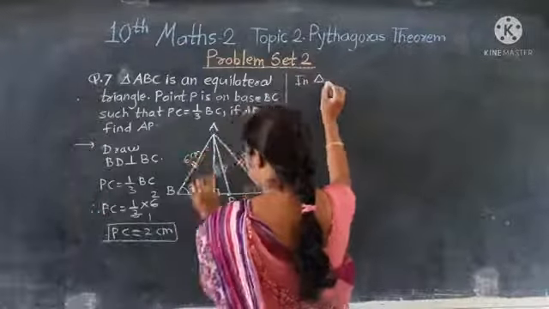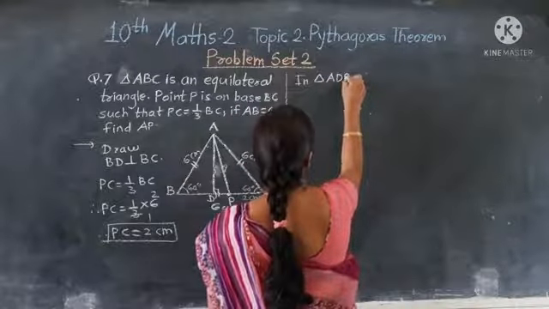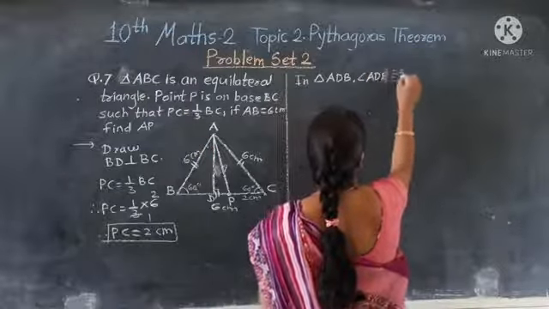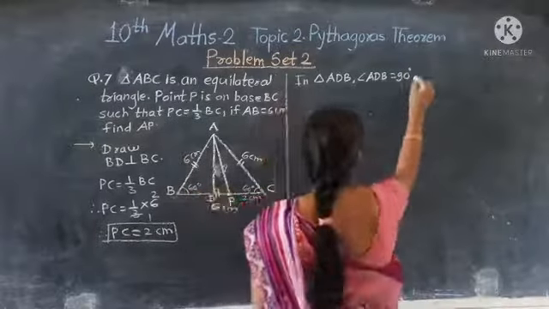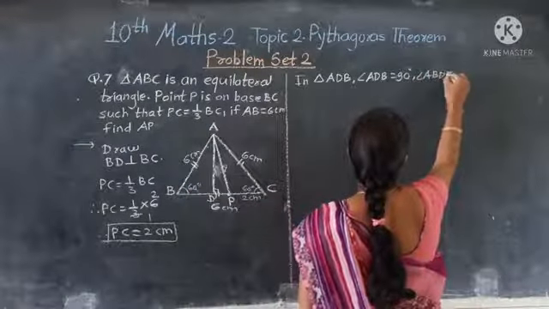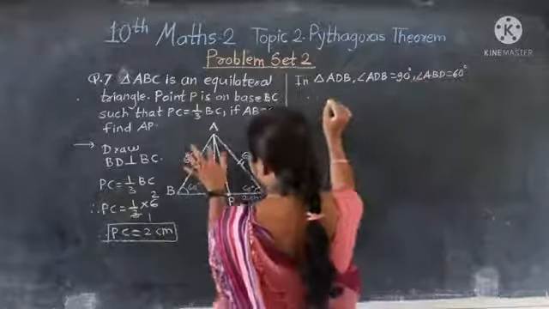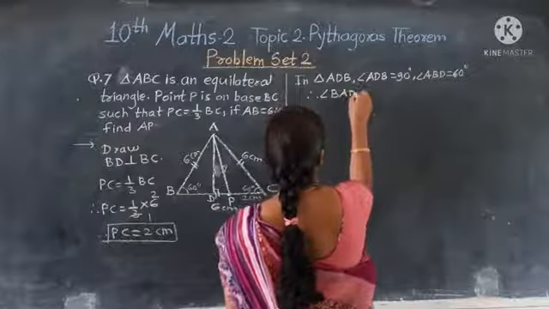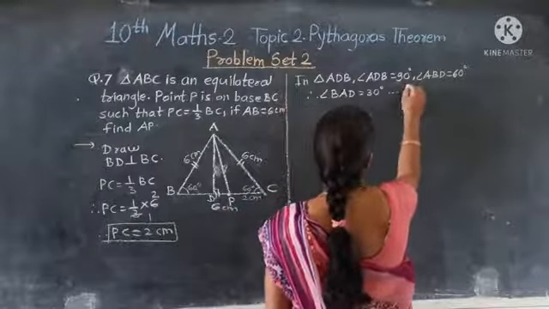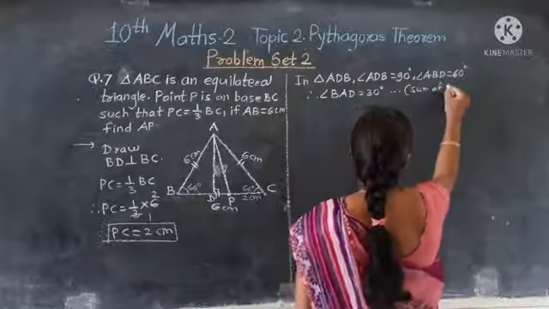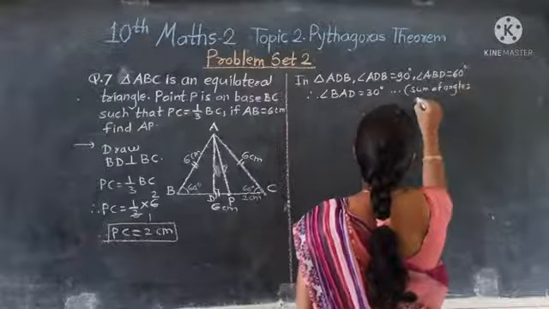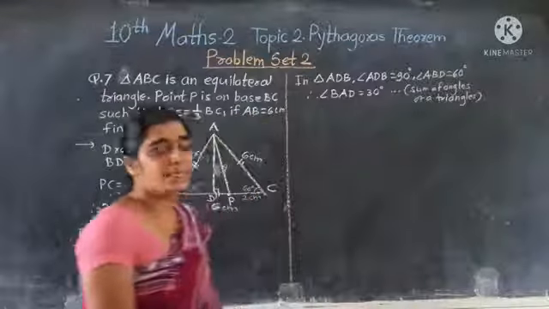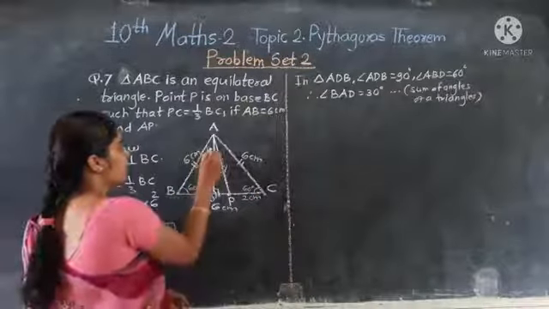in triangle ADB, angle ADB is equal to 90 degrees, and angle ABD is 60 degrees, so this angle is 30 degrees because the sum of angles of a triangle is 180 degrees.